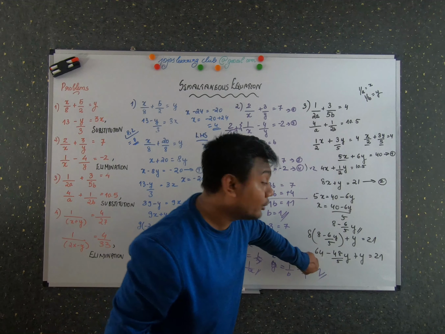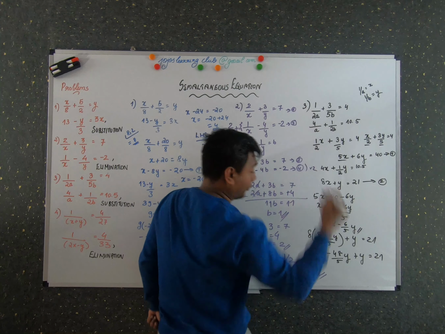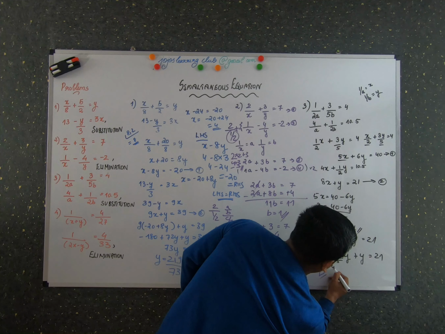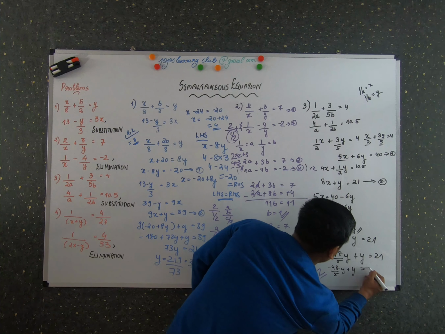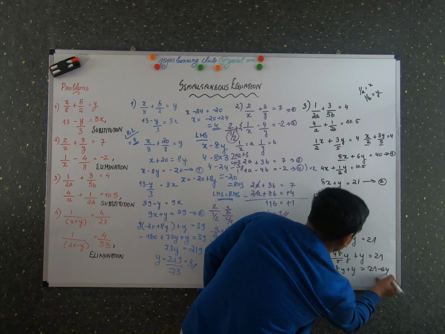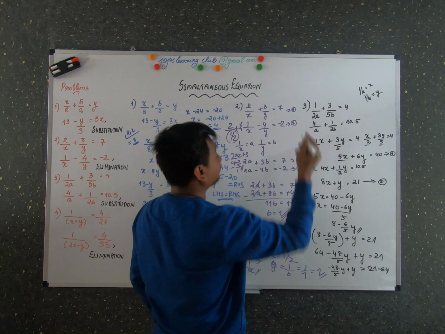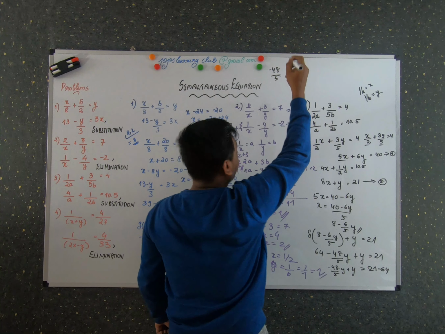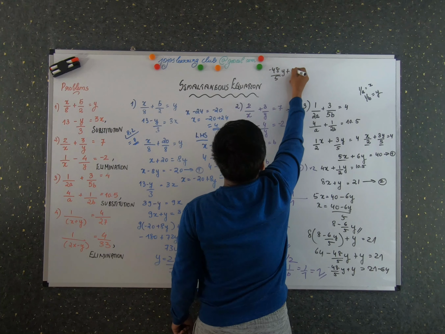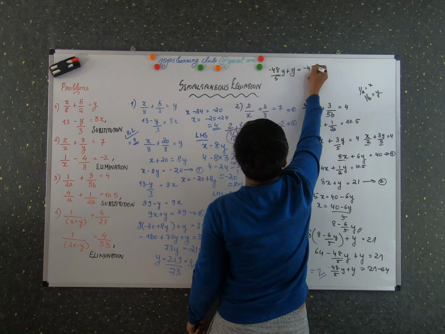Before that, I'm going to take this part to the other side, so I have only fractions here. So minus 48 by 5 y plus y is equal to 21 minus 64. That is minus 43, I hope. Yeah. So minus 48 by 5 y plus y is equal to minus 43.